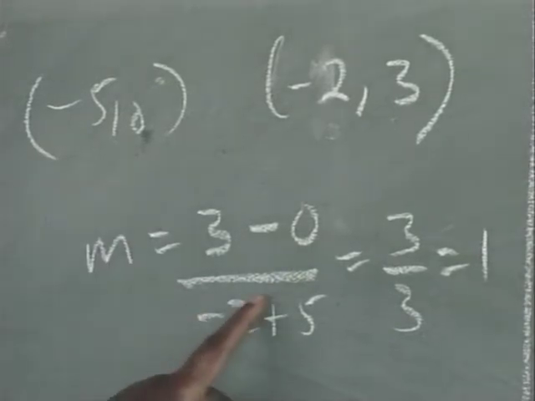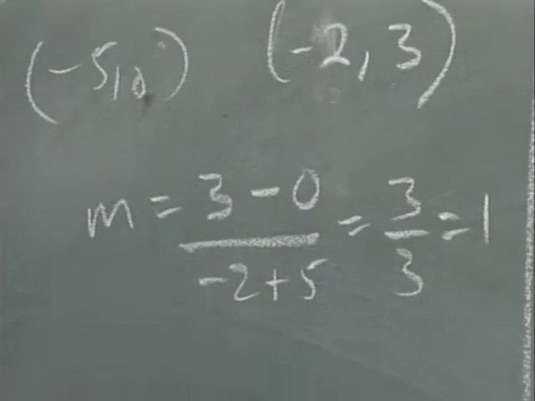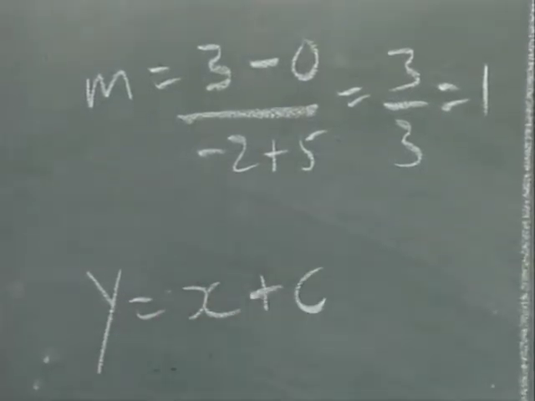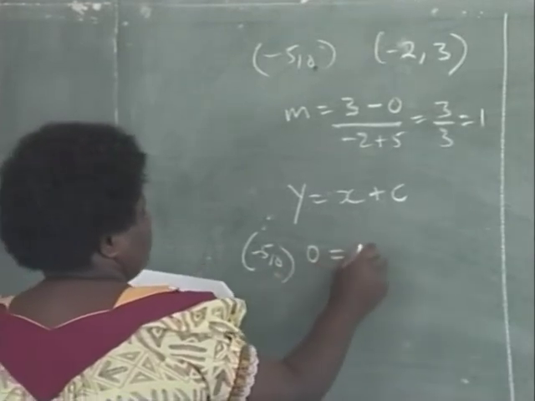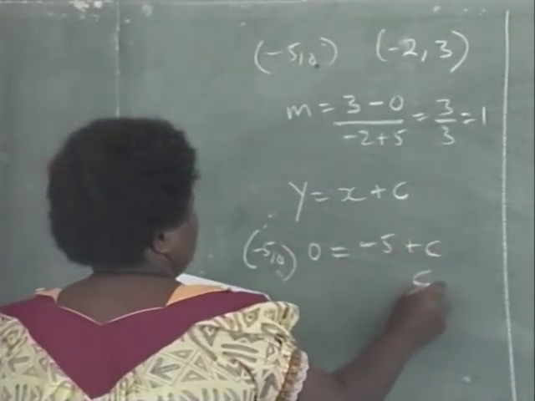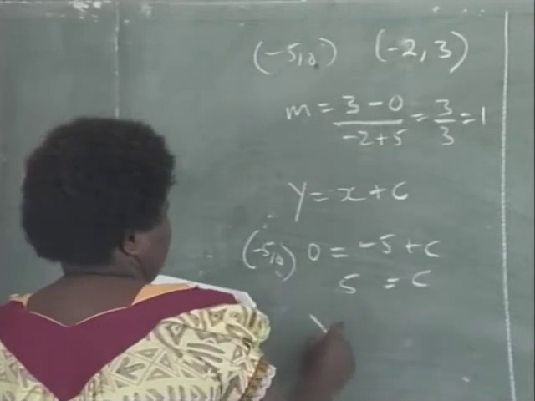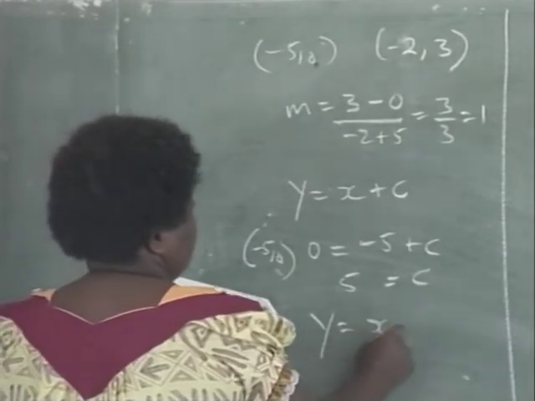You're going to have 2 negative signs here, so that's why it's plus 5. So y equals x plus c. If I substitute the point minus 5, 0, I get 0 equals minus 5 plus c, so c equals 5. The equation is y equals x plus 5.